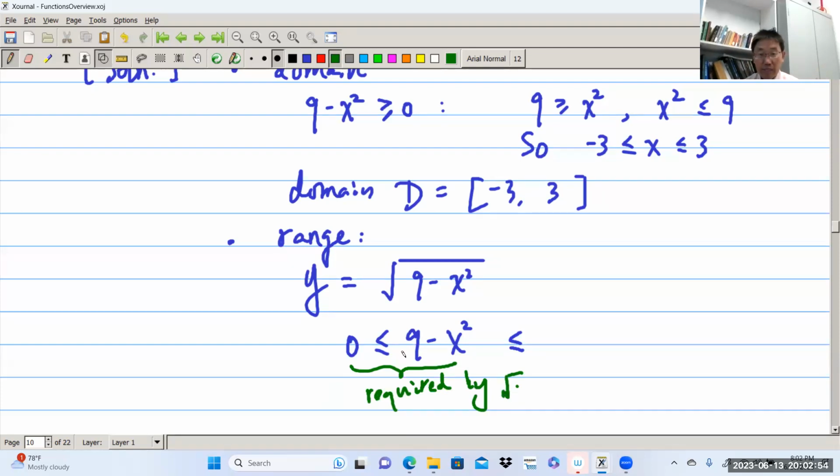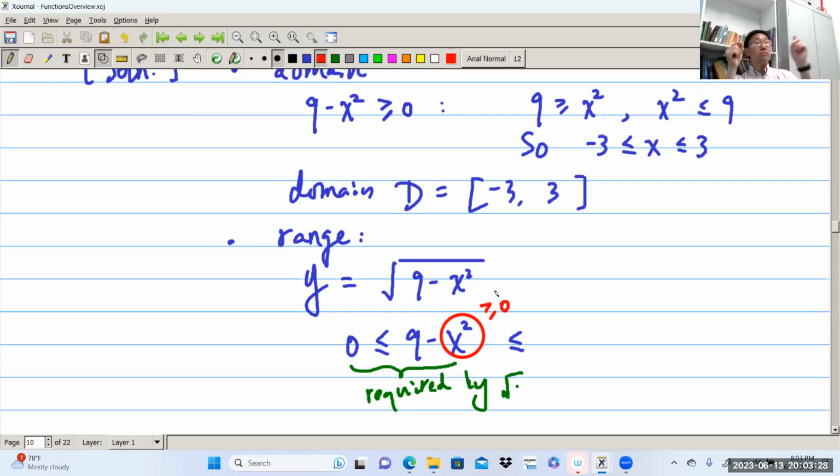But can you tell me, 9 minus x squared is less than or equal to which value? What's the maximum possible value you can get for 9 minus x squared? Keep in mind x squared is always 0 or positive. So you subtract from 9 something that is 0 or positive. If you subtract a positive value, you make it smaller, right?